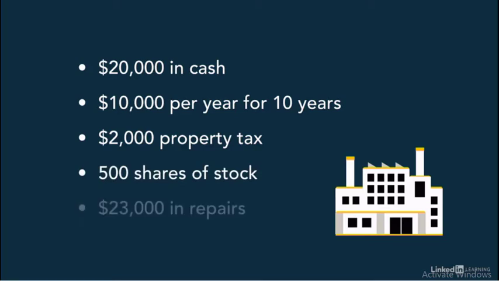Finally, the building will require $23,000 worth of repairs and renovations before it could even be used. Now, how much should be recorded as the cost of the building? Transactions like this can become quite complex, but the framework introduced in this topic will allow you to break complex transactions into manageable pieces and provide you with a self-checking mechanism to ensure that you haven't forgotten anything.